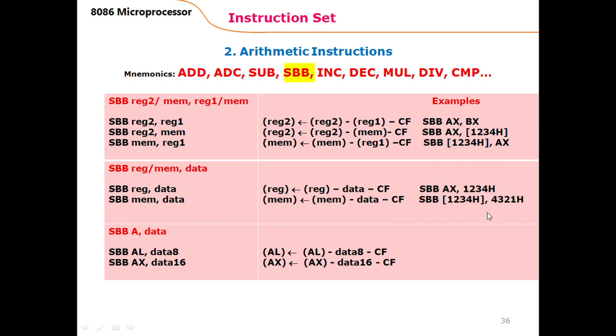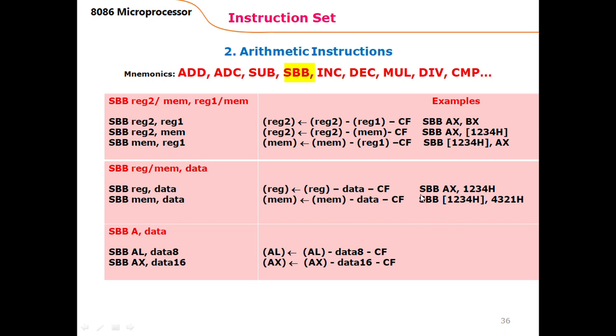Similarly, with SBB, immediate data forms are also available, where the immediate data is subtracted from the register, while in the other form, immediate data is subtracted from the value in the memory location.